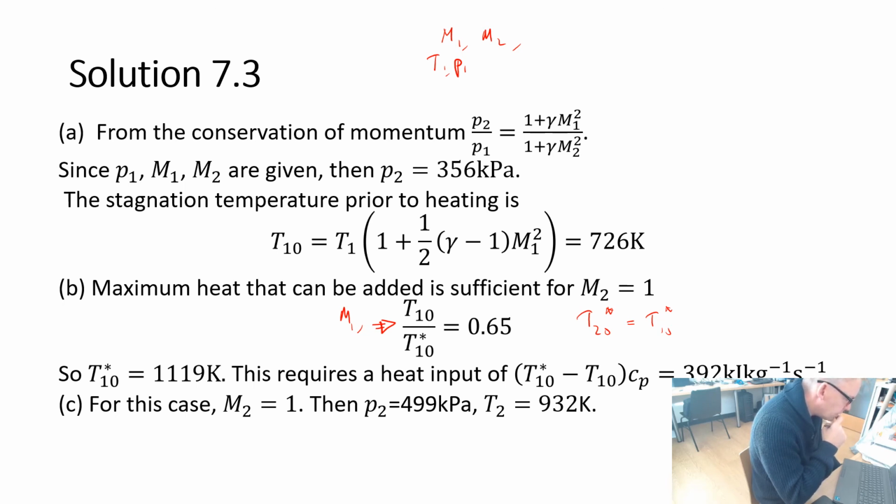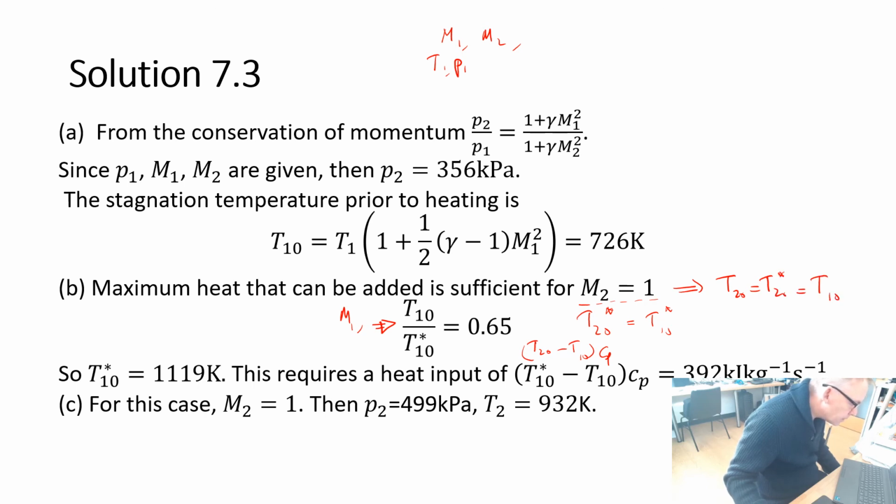And in order to determine how much heat is added, we need to determine the difference between T2 naught and T1 naught. Since the maximum heat added occurs when Mach number 2, M2, is equal to unity, this is a point where T2 naught equals T2 naught star, which is equal to T1 naught star. So since we know that, we can find out how much heat is added, since we now know what T1 naught star is.